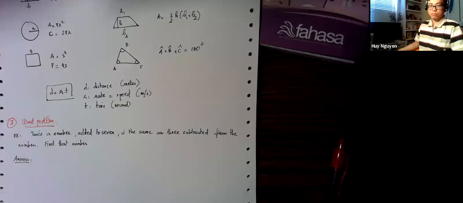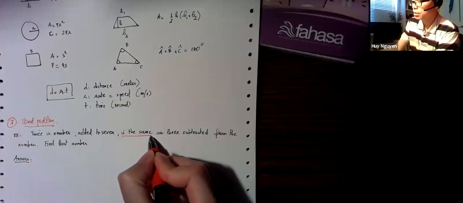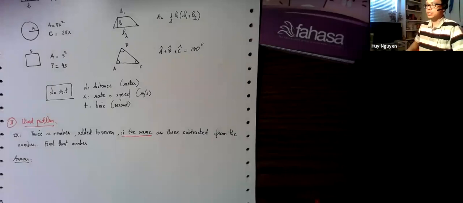Remember that "is the same" means equal. As 3 subtracted from, not subtracted by, is subtracted from. From what? From the number, from that number. Find that number.